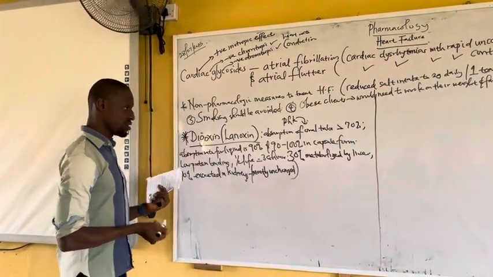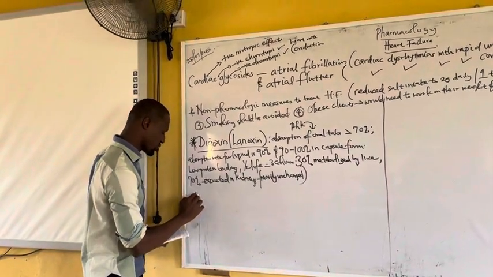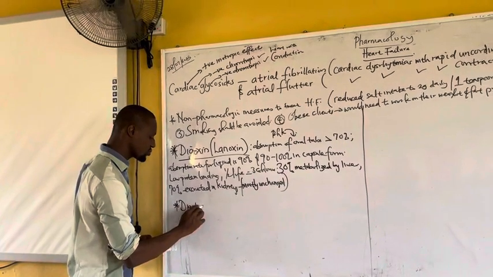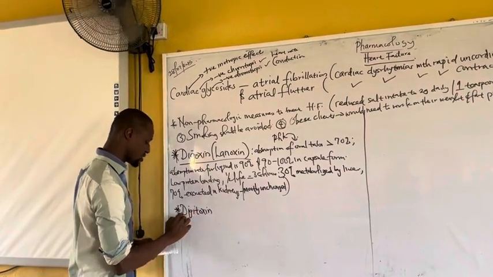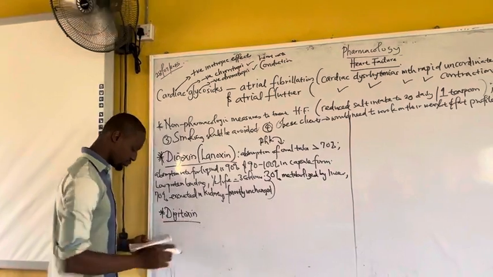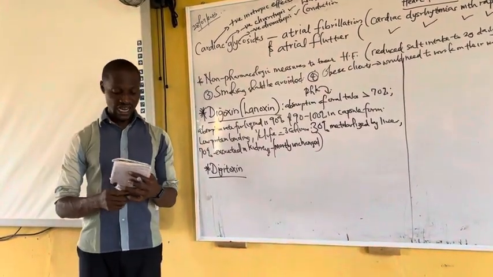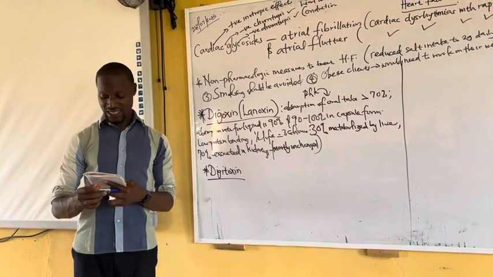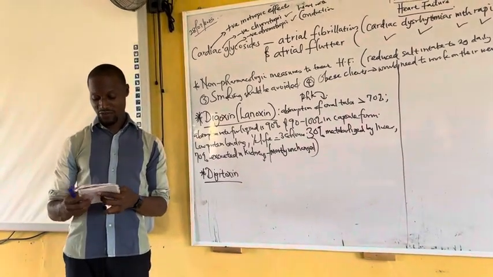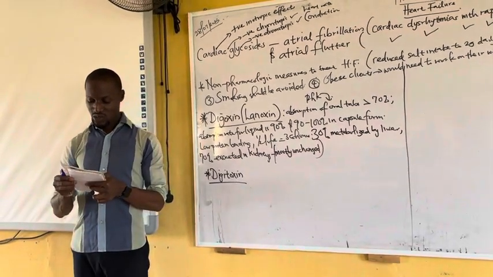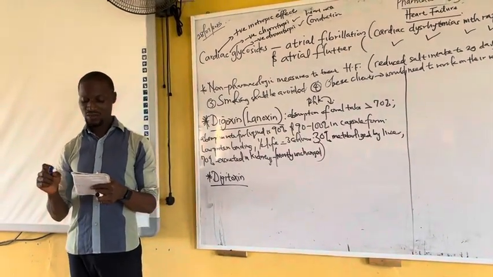Briefly on digoxin, I didn't mention the dosage for administration. The next one to talk about is digitoxin. Digitoxin itself is a potent cardiac glycoside that has a very long half-life and is highly protein bound. So this drug is seldom prescribed.